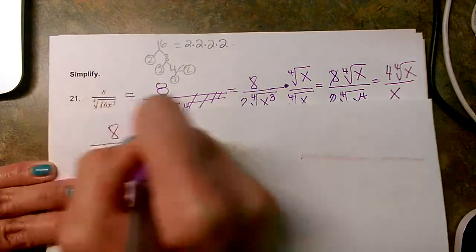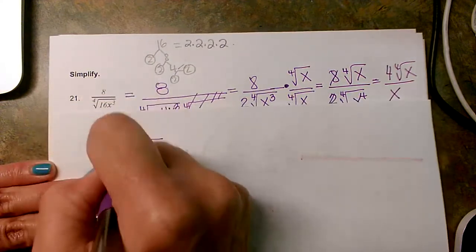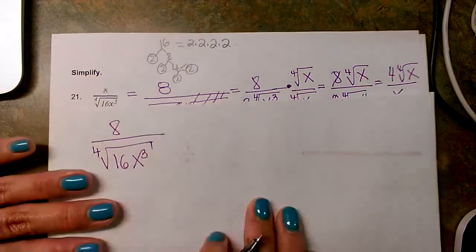So we have the 8 on the top, and we have 4 16x to the third power, right?